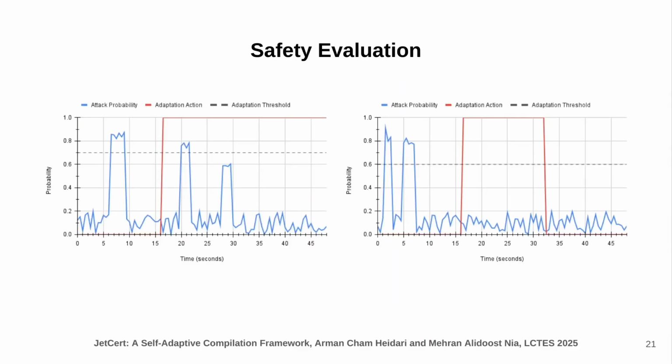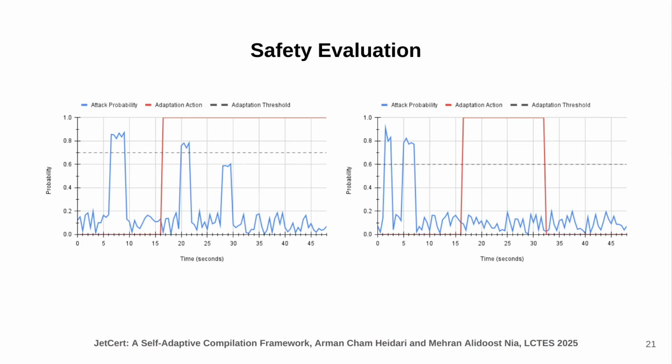For experiments, these graphs show JetCert adapting to potential attacks for 2 modules and in 3 periods, and each period is 16 seconds.